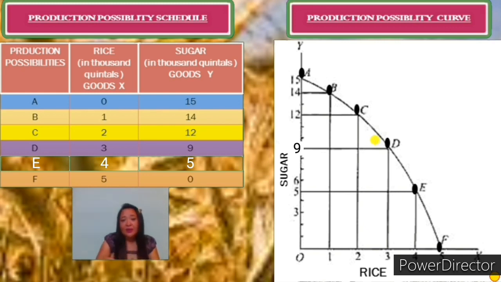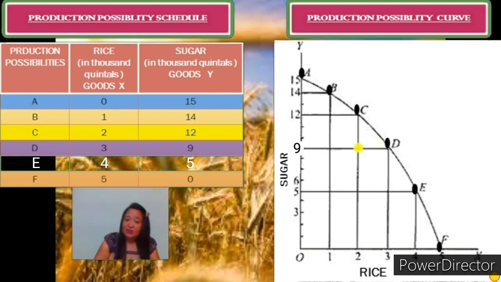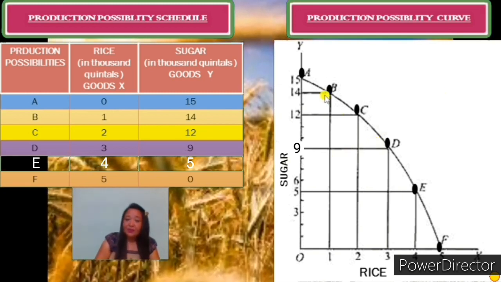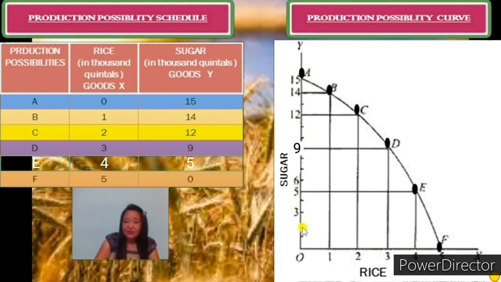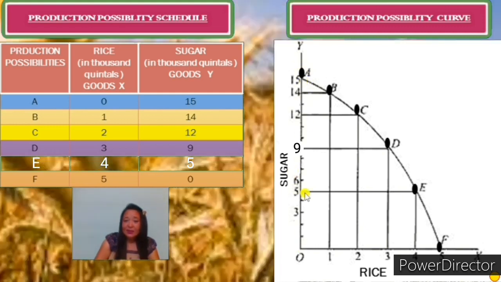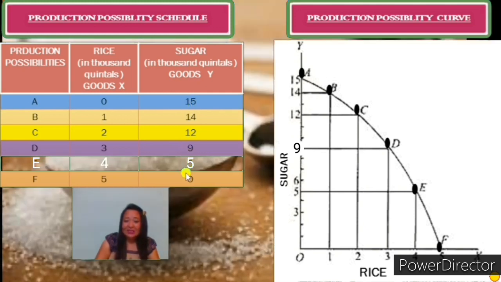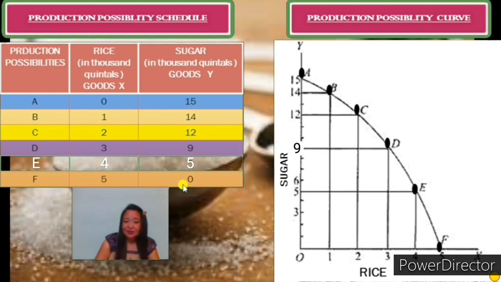So what did we notice here? We saw this schedule, then we saw this curve. Look at the sugar column in the schedule. We notice there is a continuous sacrifice in the production of sugar, isn't it?